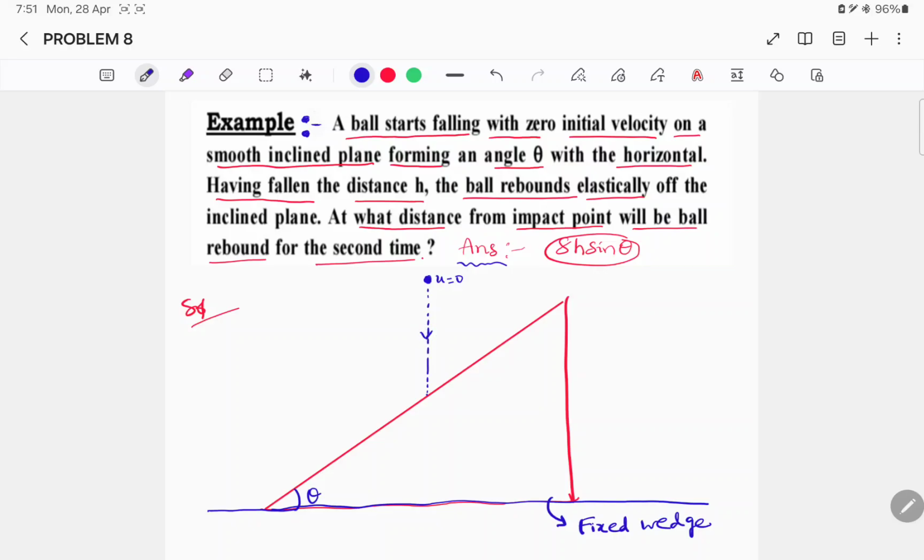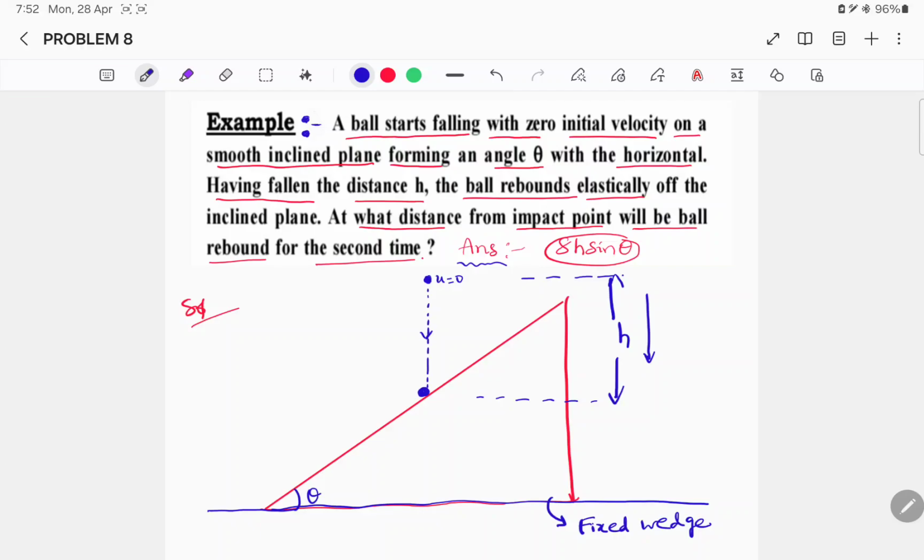The ball has dropped from a height of small h according to the question. Having fallen h distance downward, this ball is going to collide at this spot.